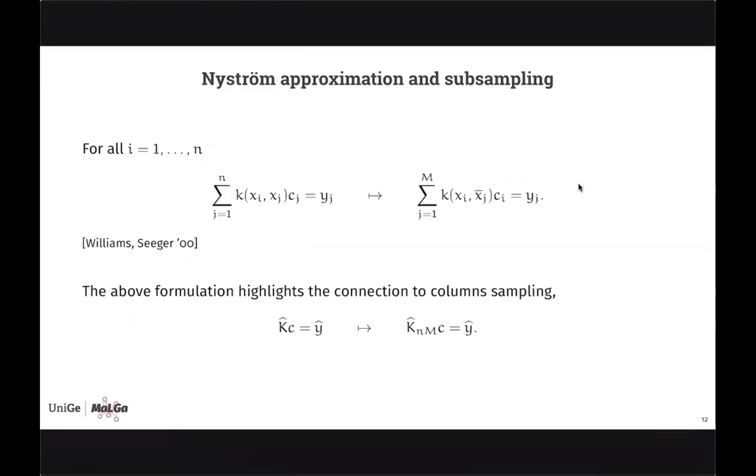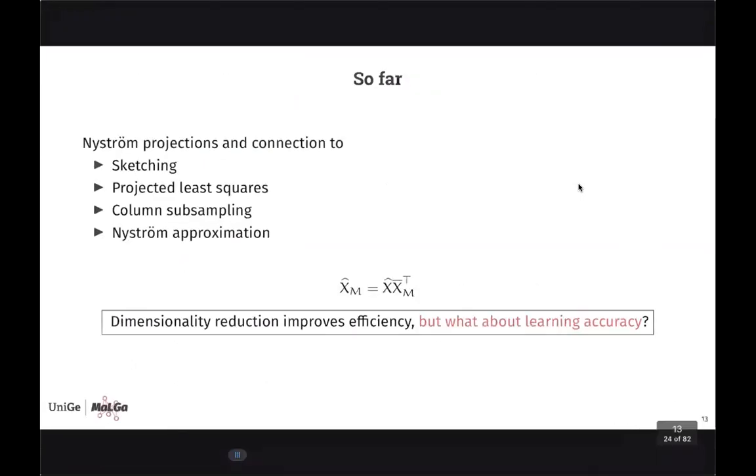All right, so this concludes somewhat the first part of the talk, where the idea was that we were going to introduce these projections and provide several perspectives of them. So at this point, hopefully what you have in mind is that this is a way to perform PCA or something like PCA without having to perform the heavy computation of PCA.